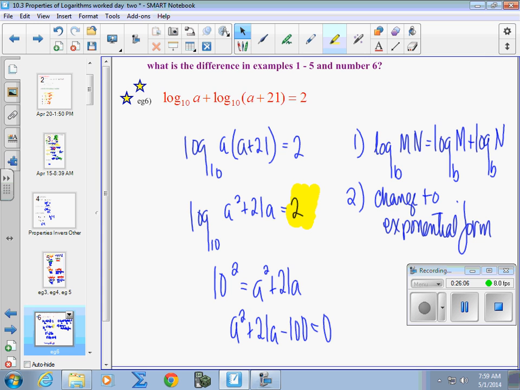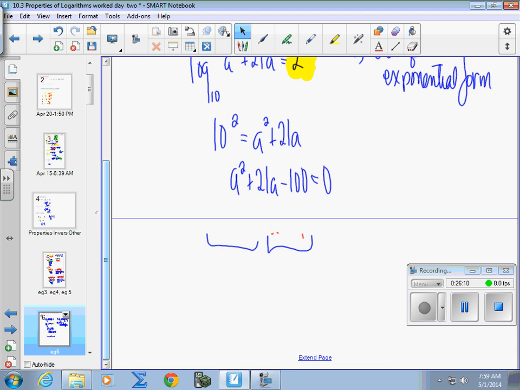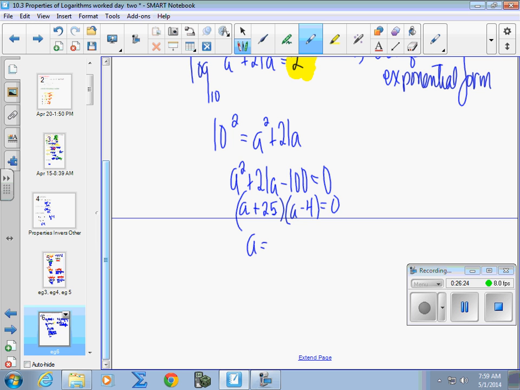You can use the quadratic formula, or in this case, you should be able to factor it pretty easily. So it factors to a plus 25 times a minus 4 equals 0. We get a is equal to negative 25, and a is equal to 4.